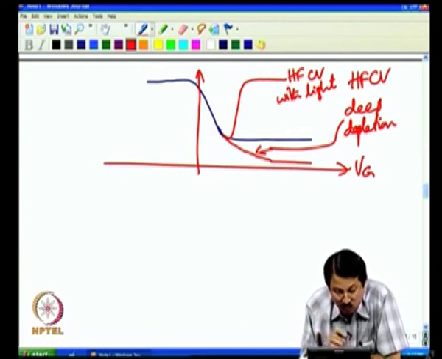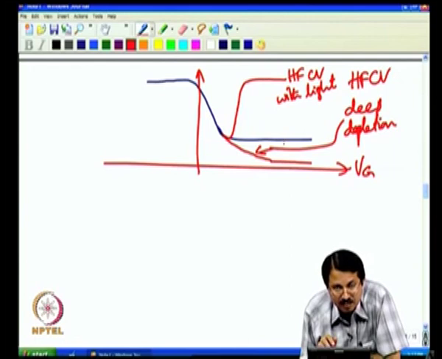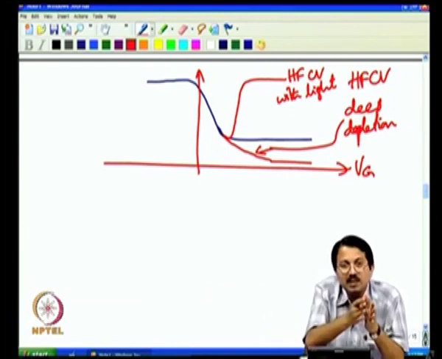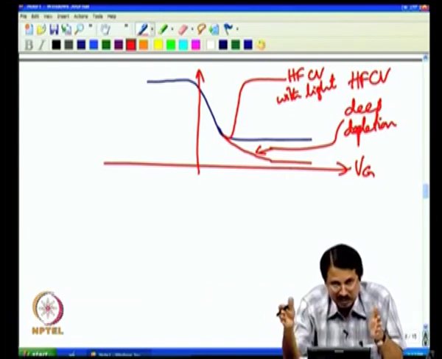And it is important to do a high frequency measurement and get the right minimum capacitance, because subsequently when you build devices and you want to analyze a device, this minimum capacitance has very important role in analysis, because from this minimum capacitance we can actually extract the doping concentration. Although wafer manufacturer will specify 1 to 10 ohm centimeter resistivity, 1 to 10 ohm is a large variation in doping concentration.